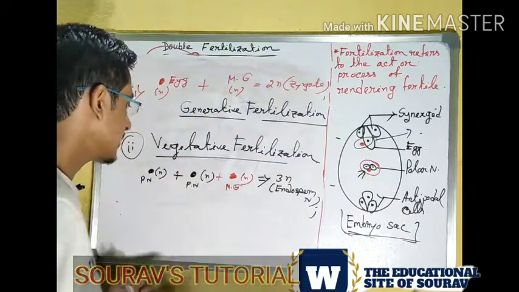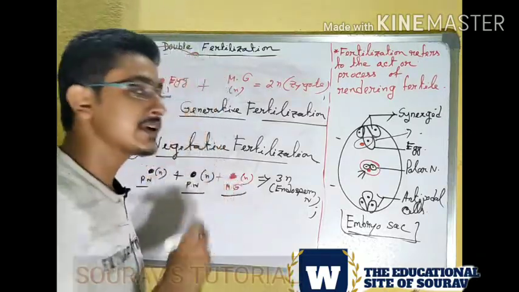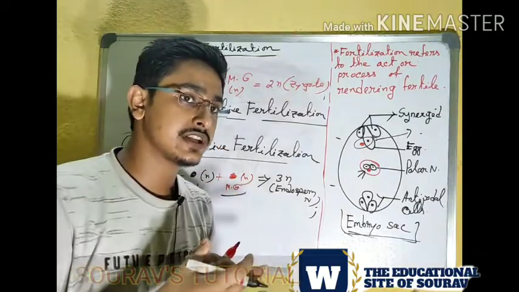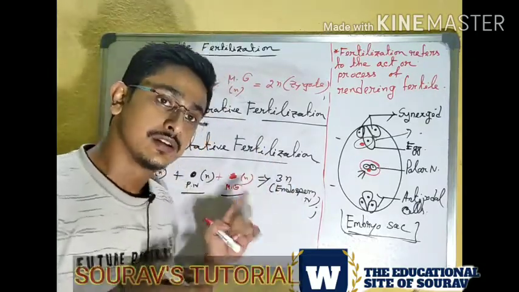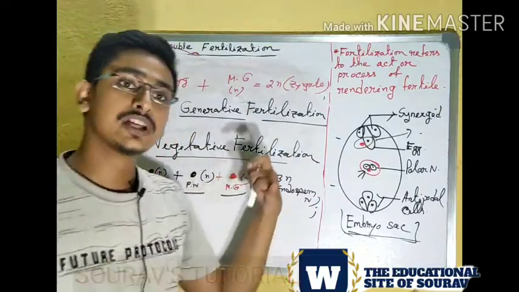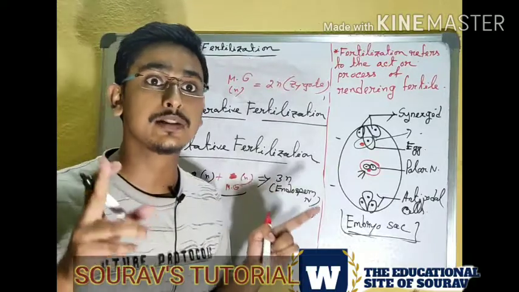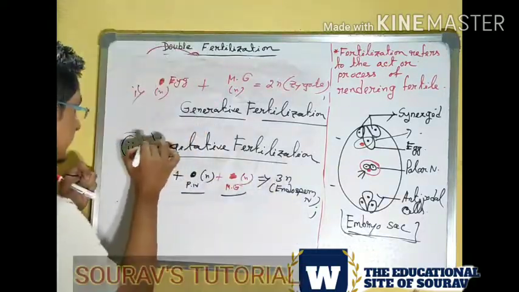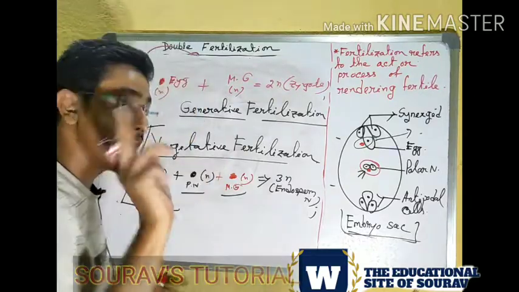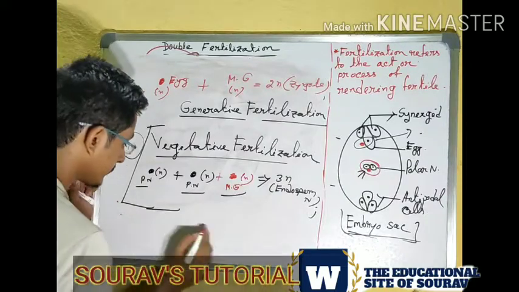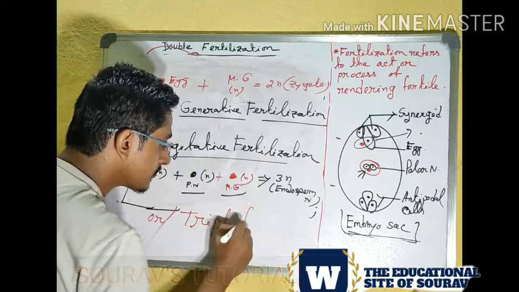But these three nuclei, one polar nucleus, another polar nucleus, and the male gamete nucleus, when they fuse with each other they form the endosperm nucleus, that is also 3N. 3 nuclei form the 3N. That's why this type of fusion is called triple fusion. So this vegetative fertilization has another name: triple fusion.